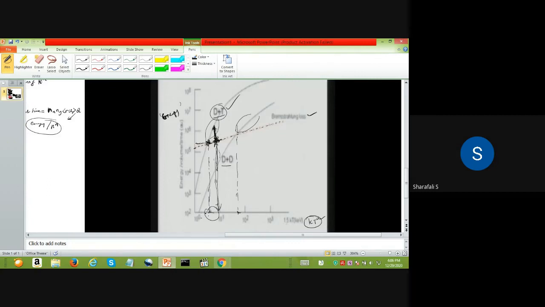If you want to increase the temperature to this much higher range, then we need different machines, different electronic components, all those extra things, which require more energy input.